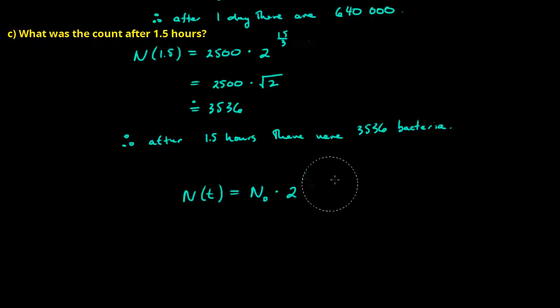Let me write this out so it's a little bit larger. So we have n subscript 0, which is the initial quantity, times 2 to the power of t over t subscript d, where t subscript d is the doubling period.